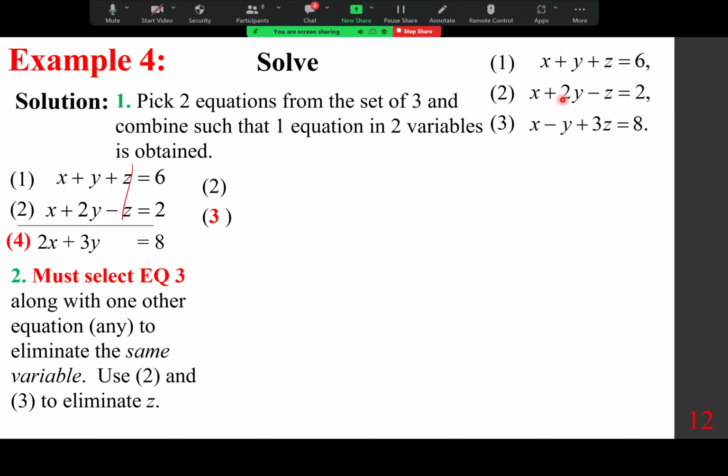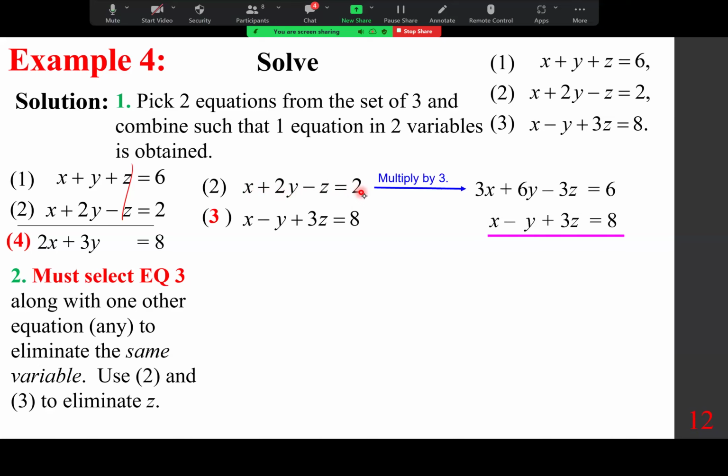It's easier to use this one. And so what we do, if we multiply this one by 3, we can get rid of the z. We have 3x plus 6y minus 3z equals 6 here.